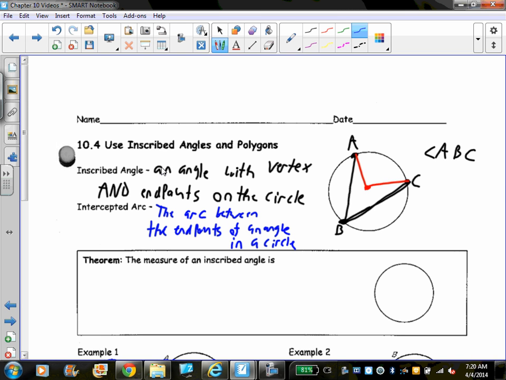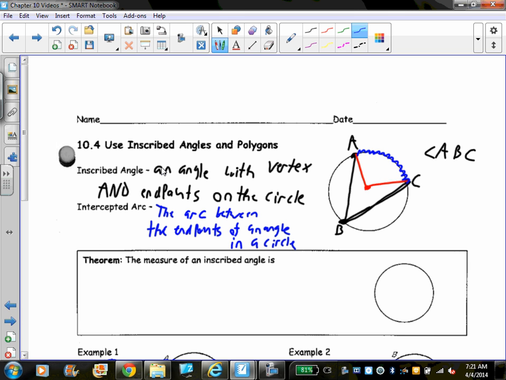So in this case, we have angle ABC. The intercepted arc would be this one right here. It's the one that the angle is sort of enveloping. It's the one the angle is around. So that is the definition of an intercepted arc. We're going to need that to help us out with this next part.